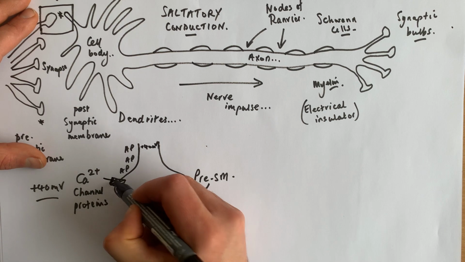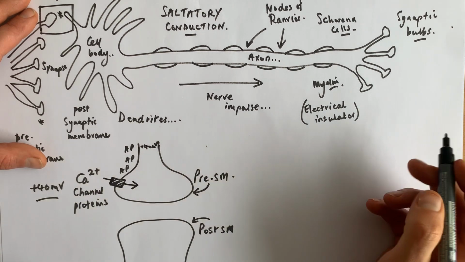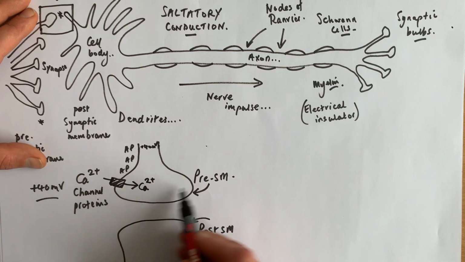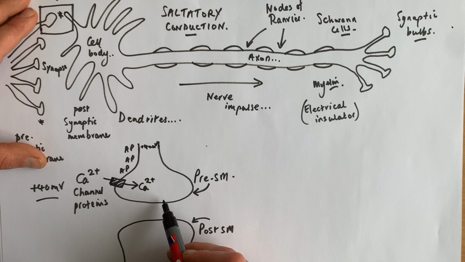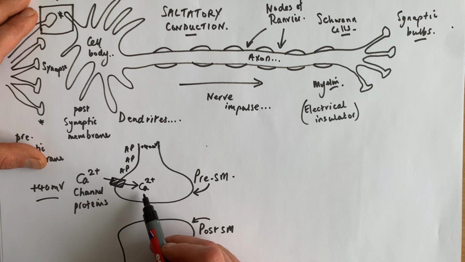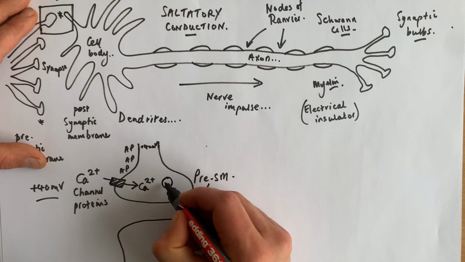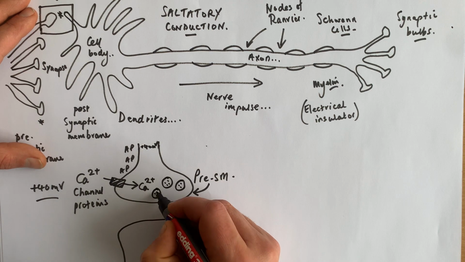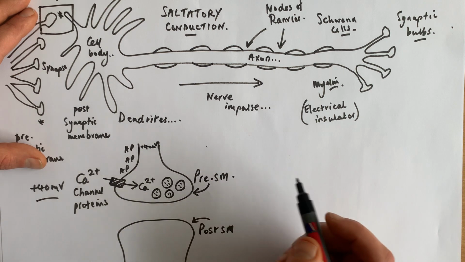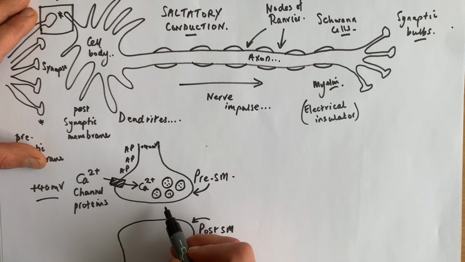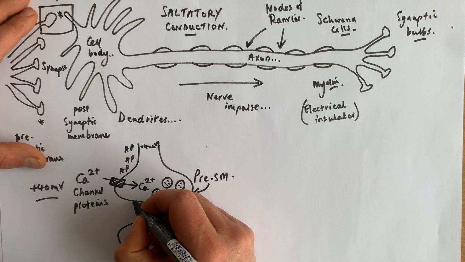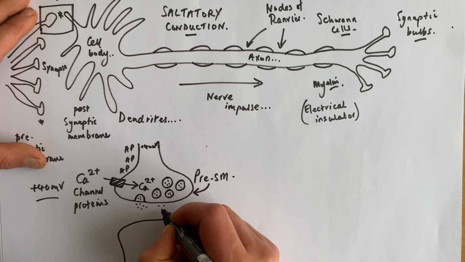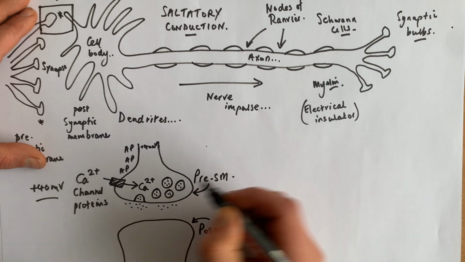And when these open, it's going to allow the entry by facilitated diffusion of calcium into the cytoplasm of the synaptic bulb. Now, the increase in concentration of calcium, what that does, it causes secretory vesicles that contain neurotransmitter to migrate with and fuse with the presynaptic membrane. So as these fuse with the presynaptic membrane, the neurotransmitter is released into the synaptic cleft.